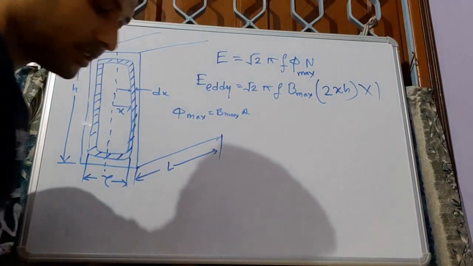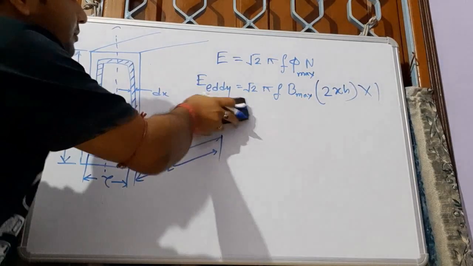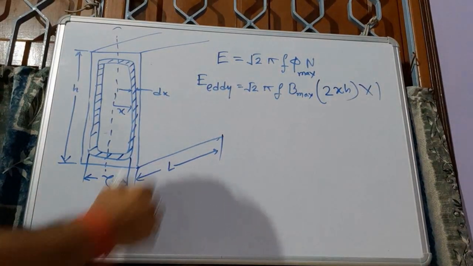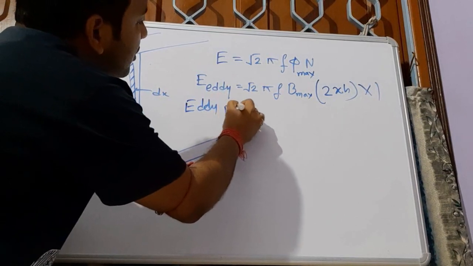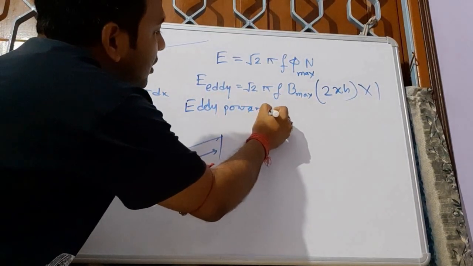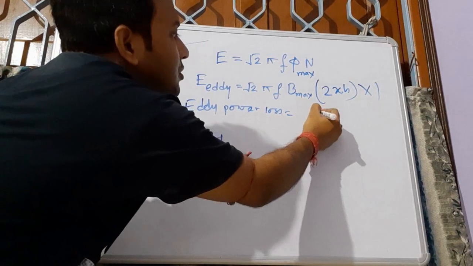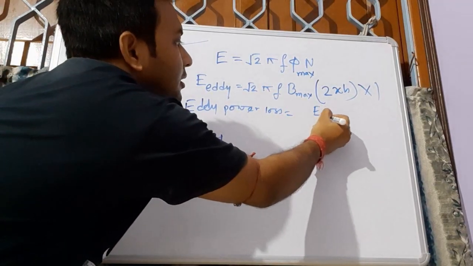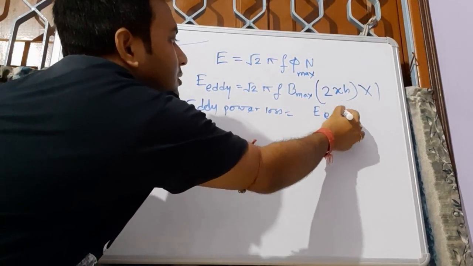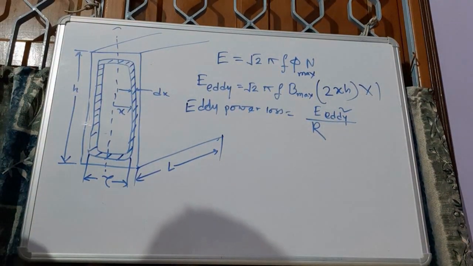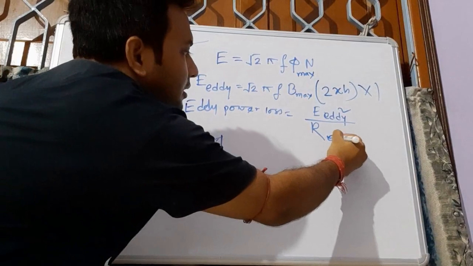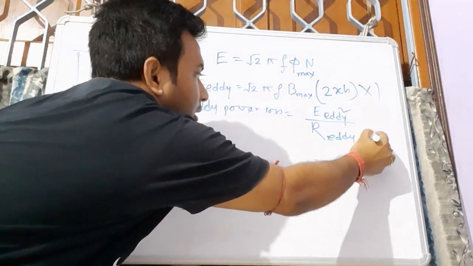Now the eddy power loss is equal to E_eddy square divided by resistance for the eddy path, right?